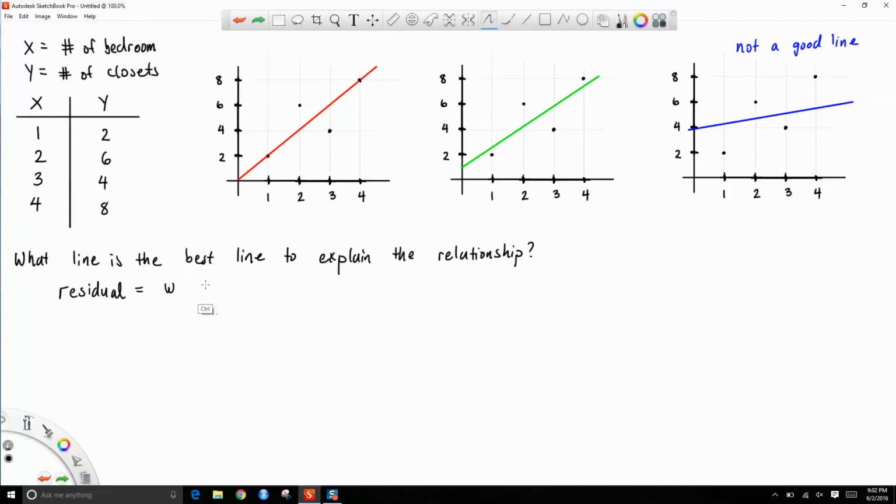I'll write it out here. It's the difference between an actual value and what our linear regression line predicts.